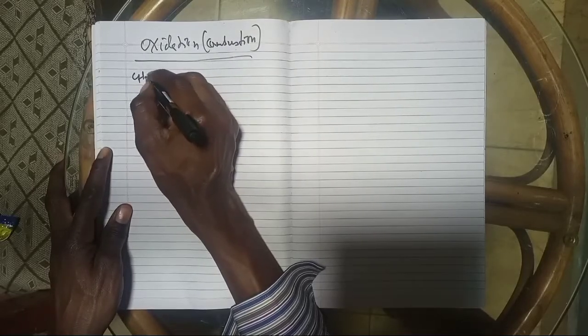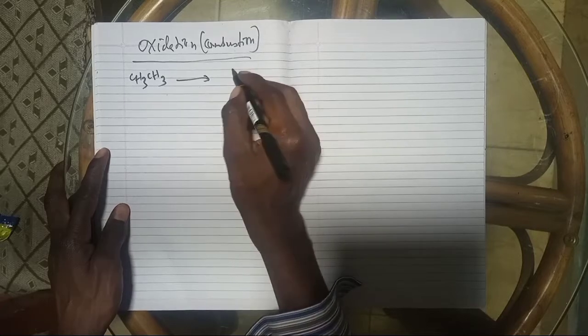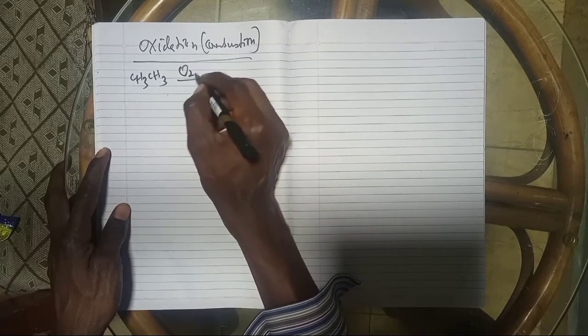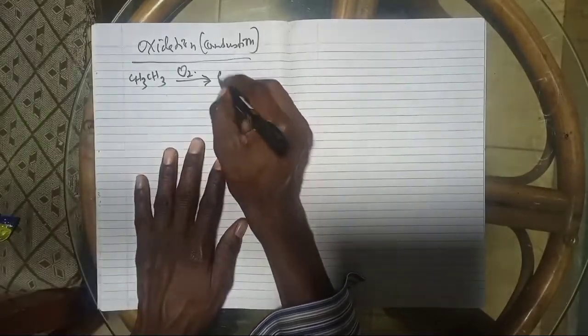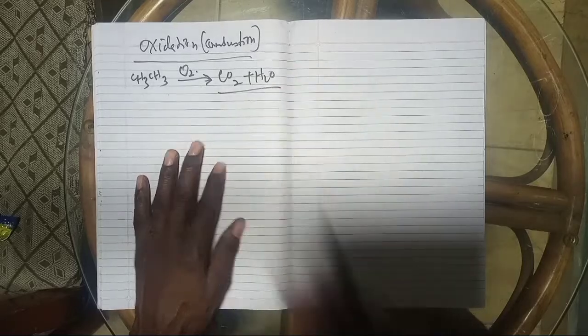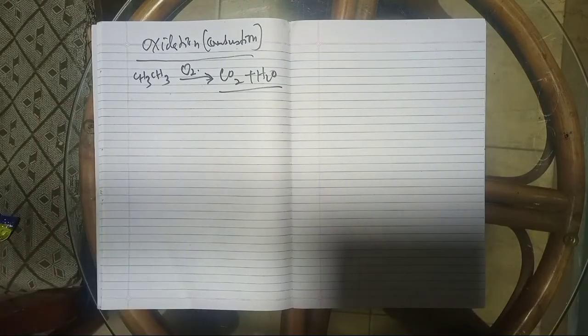Even if now you take this one, then combustion of this one, that is the burning of this one in oxygen, that is the production of carbon dioxide plus water. Now water and carbon dioxide are produced when you combust ethane.